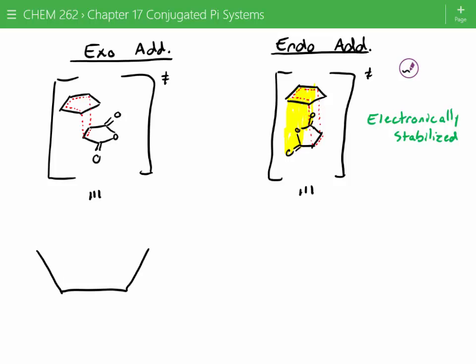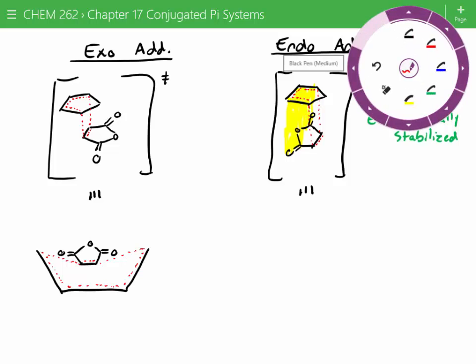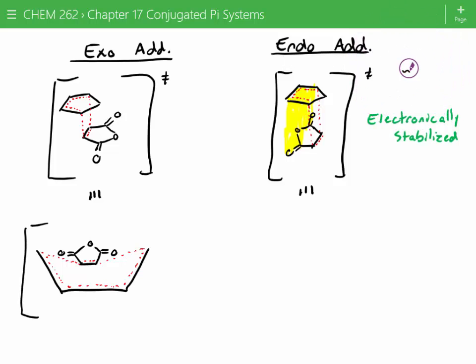So for this one, we've got this bond being made, this bond being made, this pi bond being broken, this pi bond being broken, that pi bond being broken, and this pi bond being made. So that's our exo addition.